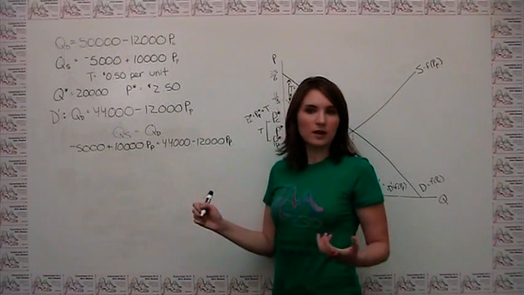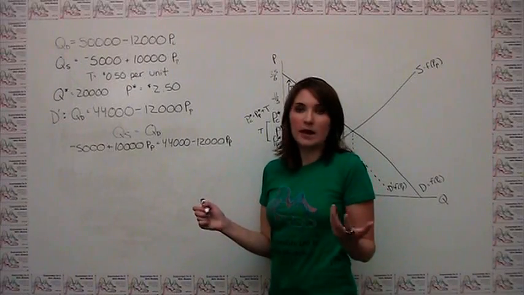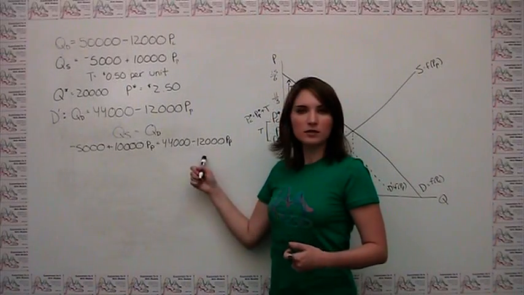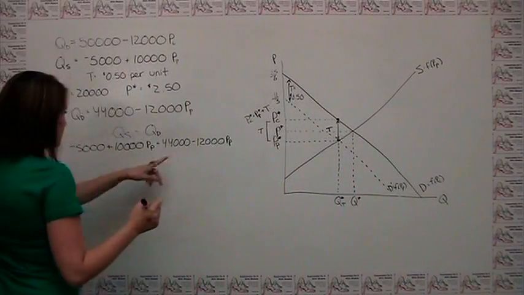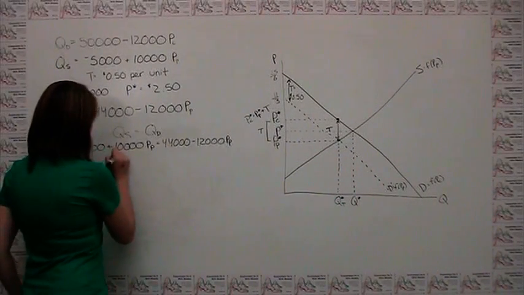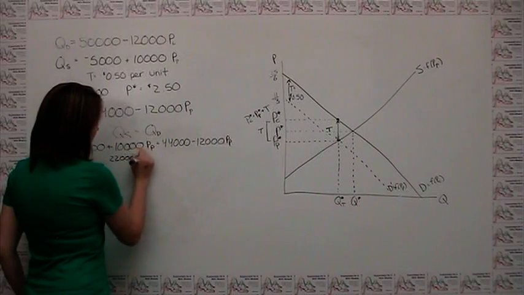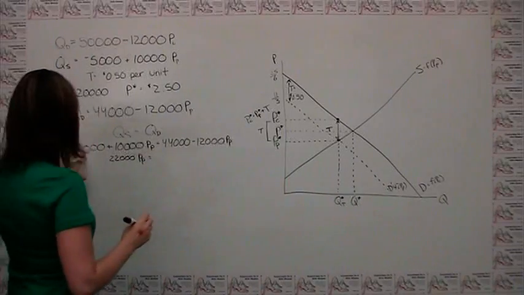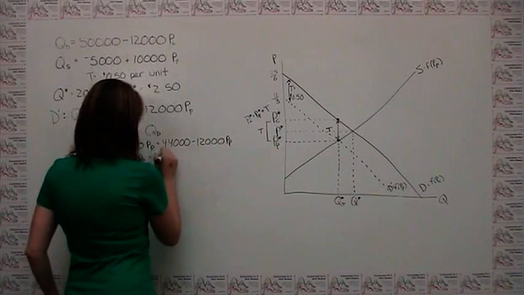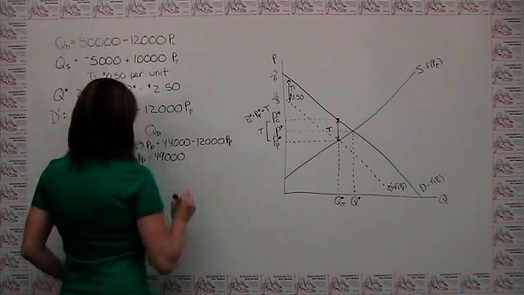Now the numbers don't come out perfectly round. That happens sometimes. We can just go through and solve for the price that the producer gets to keep. So what we see here is that 22,000 times P sub P is equal to 44,000 plus 5,000, which is 49,000.